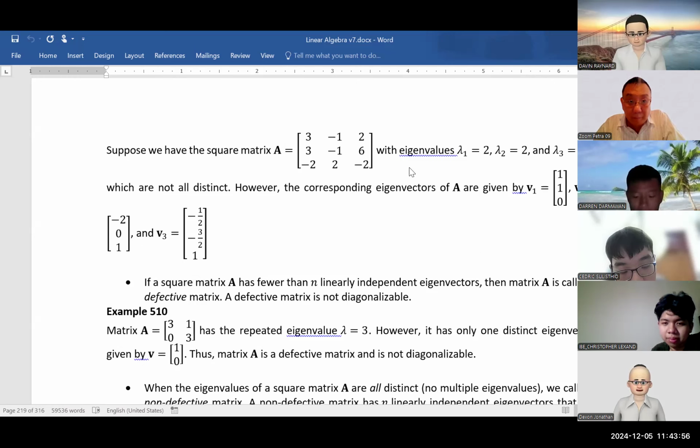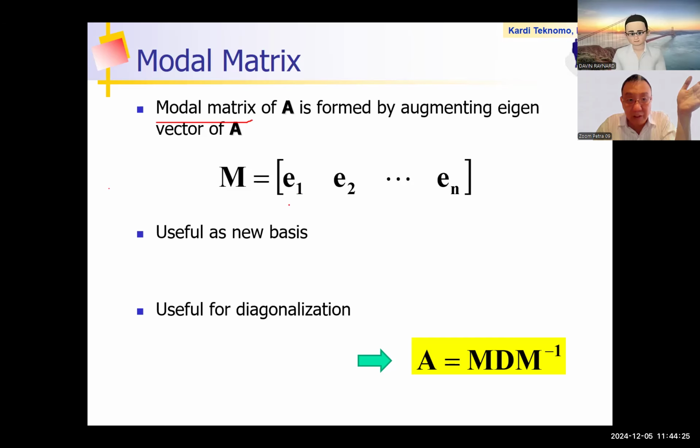That matrix is called the modal matrix. So this is your first eigenvector, second eigenvector, and so on. Each eigenvector becomes one column in that matrix. Then it will become the modal matrix.